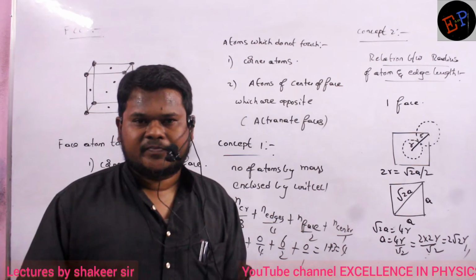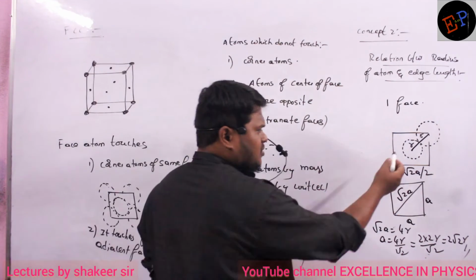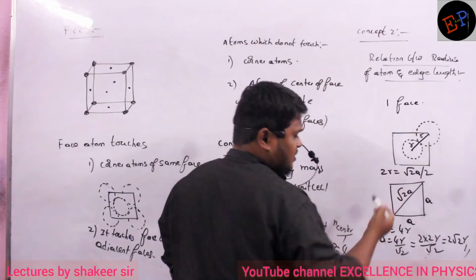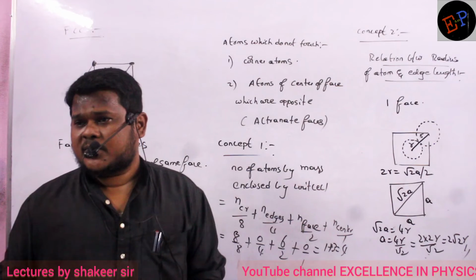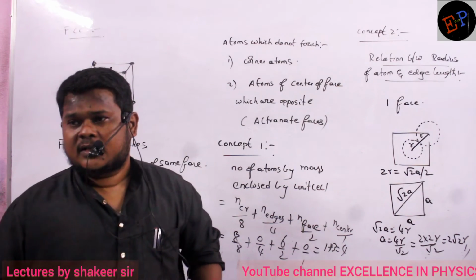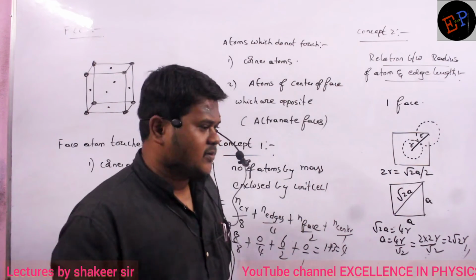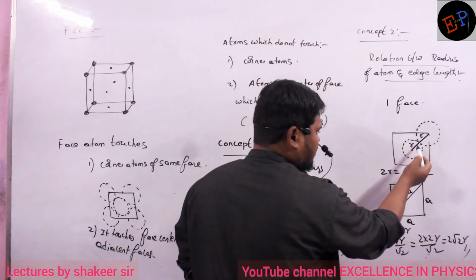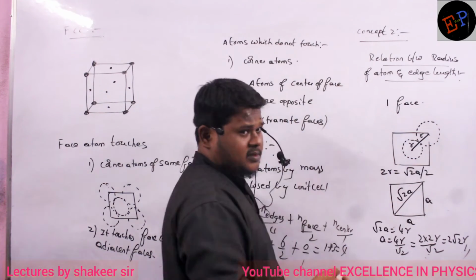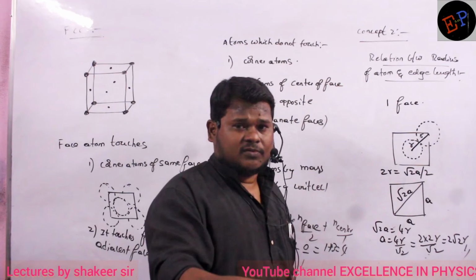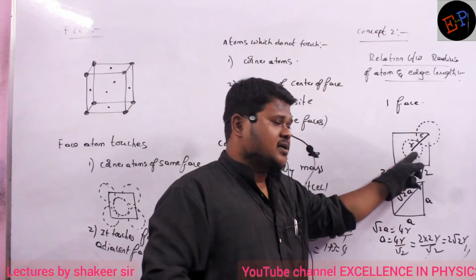అర్థమవుతుందా ఎలా చేస్తున్నాము? Are you able to understand, ma? So this is the distance between two atoms. So in between two atoms, distance means from where you have to take, ma? Distance ante ekkadi nunchi తీసుకోవాలి? From the center of the atom. Clear, no? So one radius is r, another radius is r, total 2r. And these two atoms where they are present? They are present on the face only. This is also at one corner, this is exactly at the center of the face.